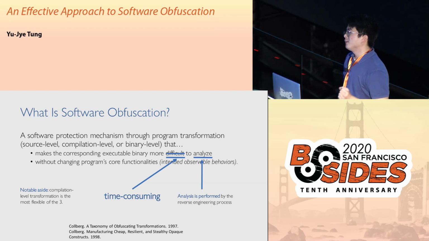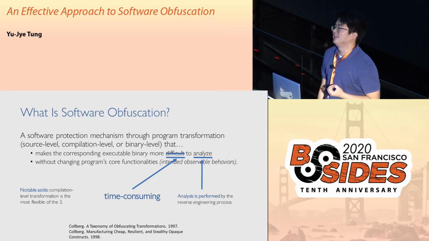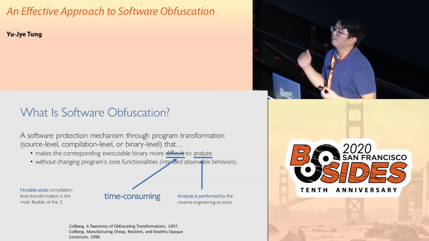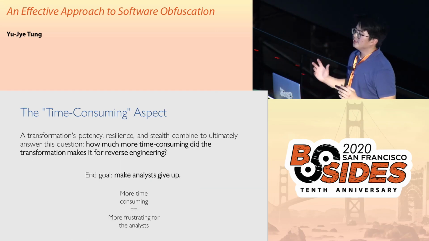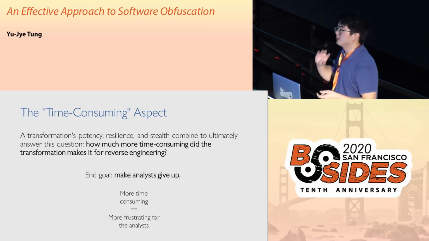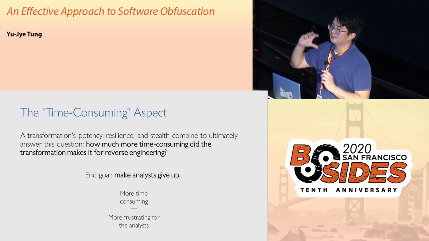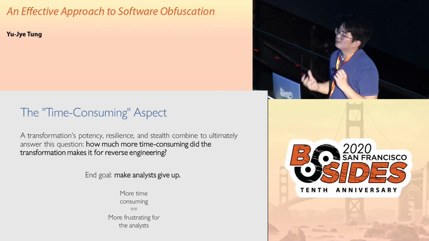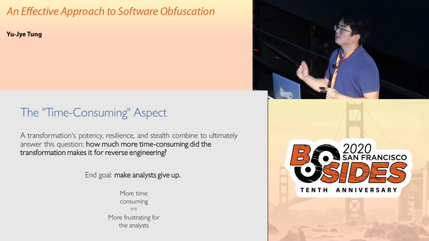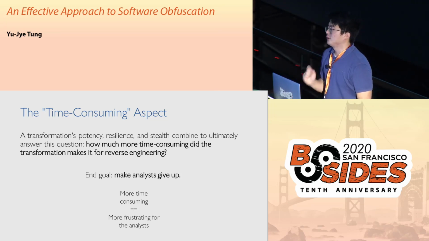Essentially, we can only hope to make an obfuscation technique more time-consuming for an analyst to undo. Ultimately, the transformation's three properties that make up this time-consuming aspect combine to answer the question of how much more time-consuming the transformation made it for reverse engineering.